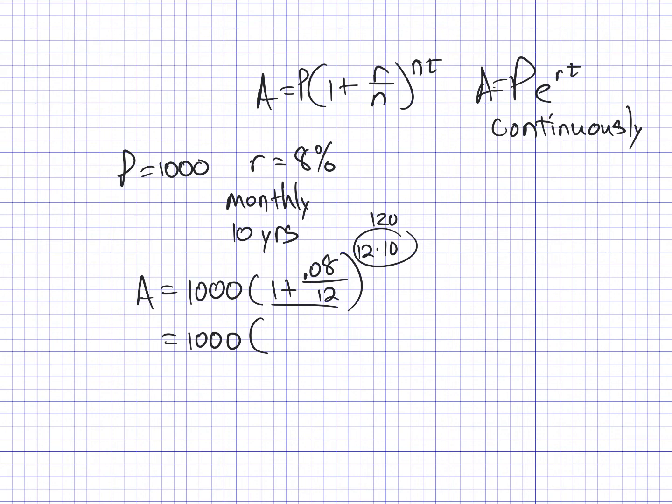So 0.08 divided by 12 plus 1 is 1.007. I'm going to leave it as 0.00666666. On the calculator, add 1 to it, and then raise it to the 120th power. And it's 1,000 times 2.21964. And the 1,000 just moves your decimal 3 places to the right.